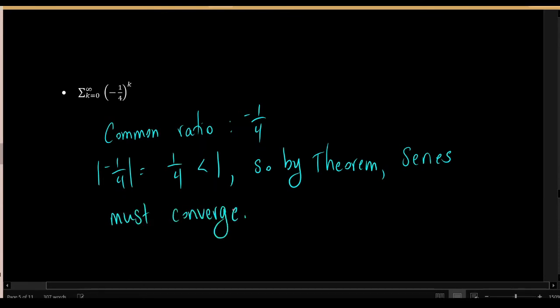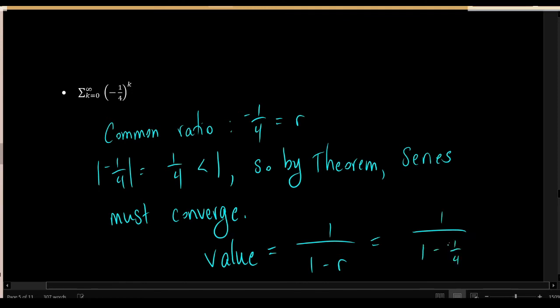It converges as long as the common ratio is smaller than 1 in magnitude. What's the value? The value of the series, the number that it represents, is 1 over 1 minus r. Since our r is equal to negative 1/4, this series is equal to 1 over 1 minus negative 1/4.